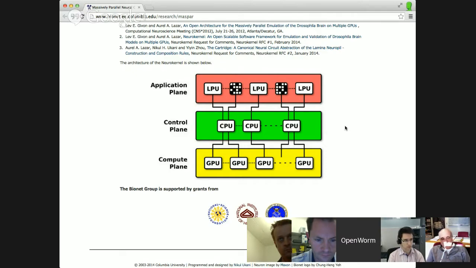And so the basic thinking oftentimes is that one has a neural circuit, and let's say a neural circuit models the entire brain. Well, we look at it as being decomposed into units, somewhat similar to what you have, let's say, on a computer board. And those units are these LPUs.